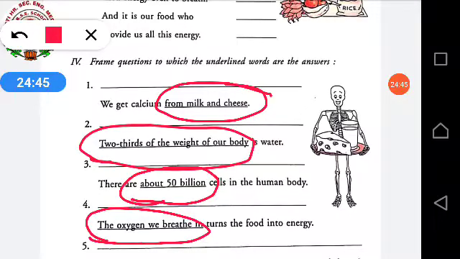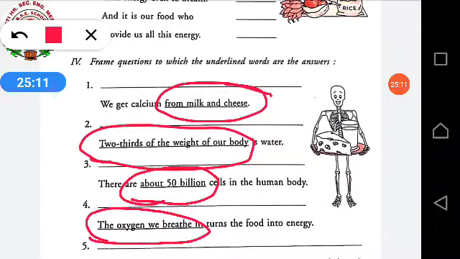Because we don't know the quantity. We don't know the real number, that 2/3. If we already know the answer, then why are we asking the question? So that's why we use much. Much we use for things which are uncountable. So the question will be, how much of our body is water in terms of weight? Question mark.